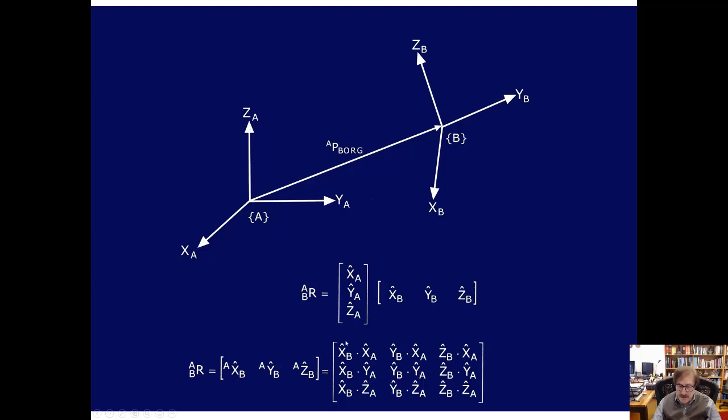And what was the first row showing? It was showing to us the projections of XA in the B frame. But of course it was showing it in the transpose form because this is a row vector, not a column vector.